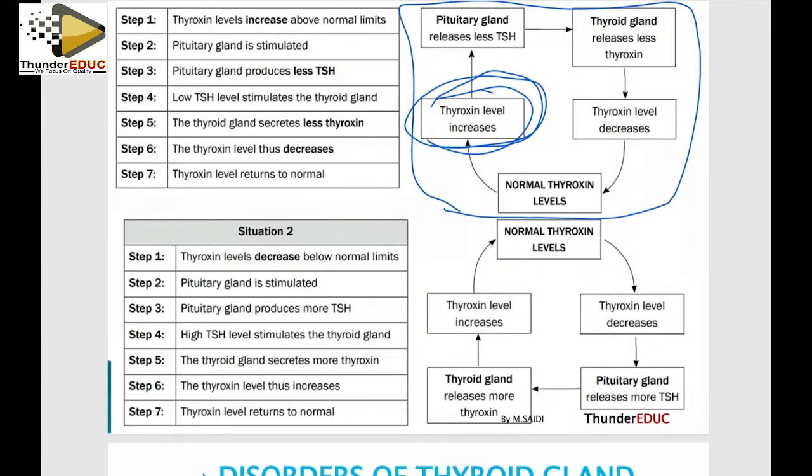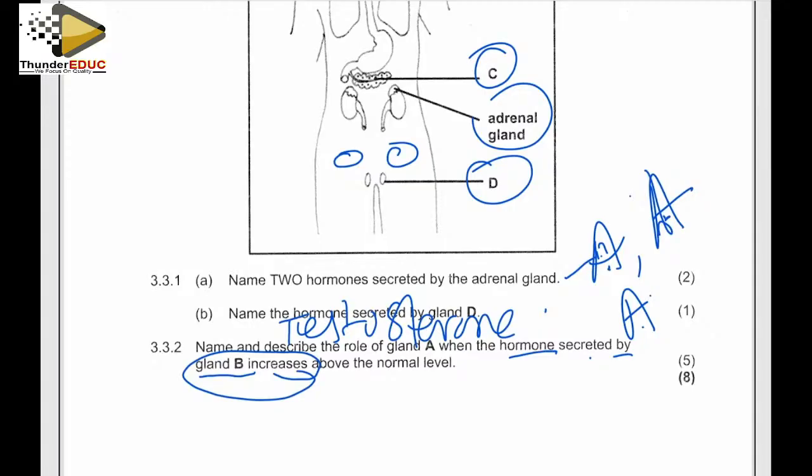Once you have high here, you're going to have low here, and then here you talk about this. And that's it. You get 2 marks here, and you just need to know which gland and what hormone is produced there. When the thyroxine increases or is high, the pituitary gland is going to release less TSH, meaning that the thyroid gland is going to be stimulated less, and then the thyroxine level is going to drop, then it goes back to normal. That's what they wanted. Nothing else.